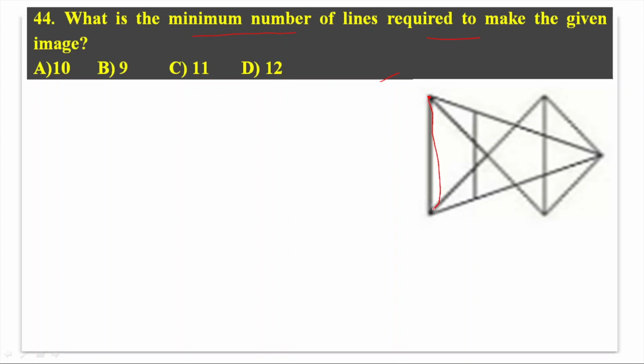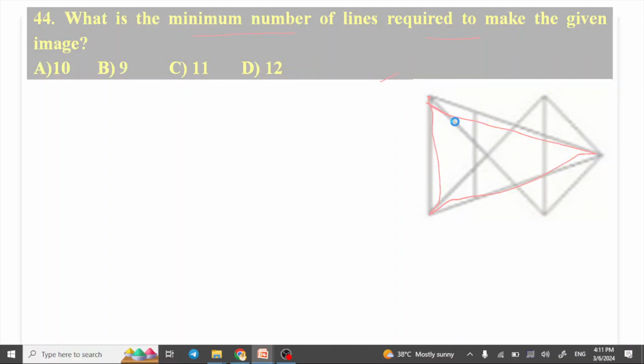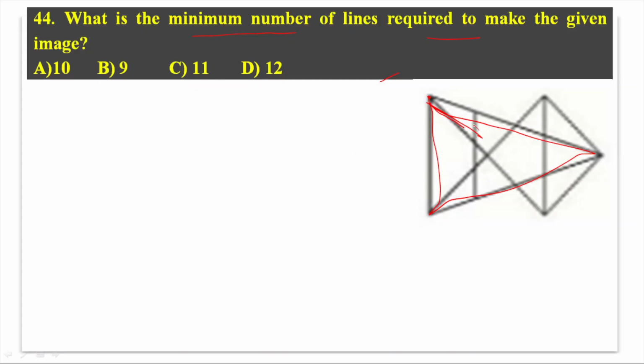So this is one line, two, three, four, five, six, seven, and this will be the middle one, 8 and 9. So in order to make this image, I need a minimum of 9 lines here.